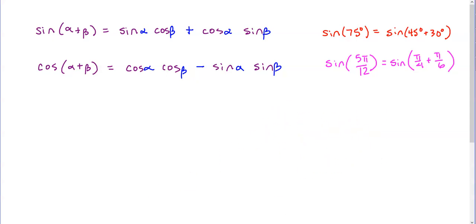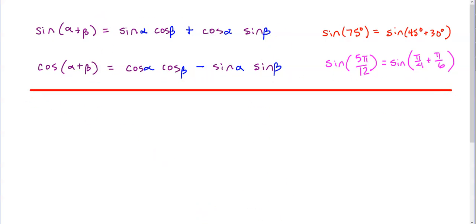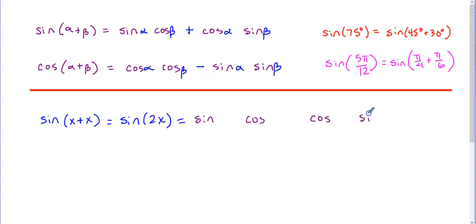What we're going to do is use this fact right here in order to figure out our double angle theorems. So I'm going to find the sine of x plus x. My alpha is x, my beta is x, and that means that I am finding the sine of 2x. If I use this formula, I'm going to use sine, cosine, cosine, sine.